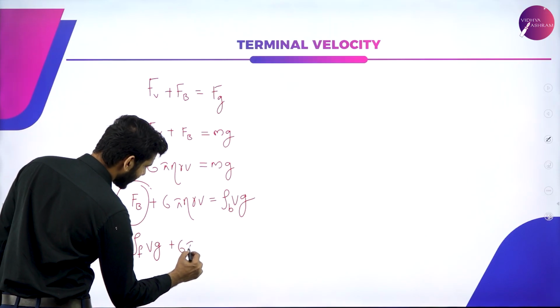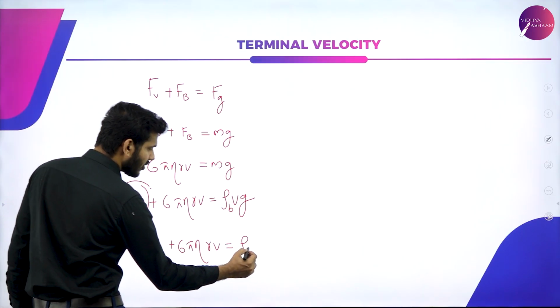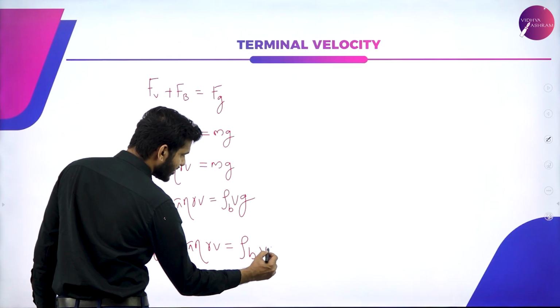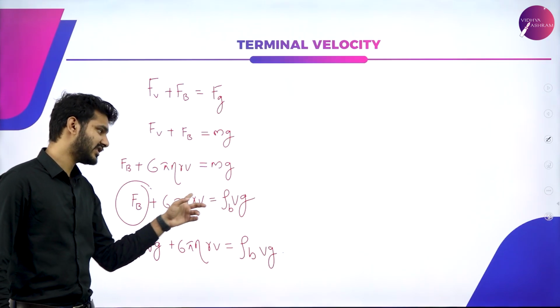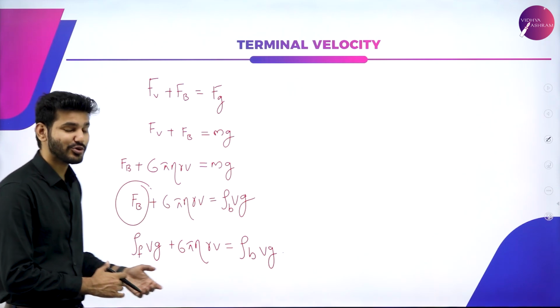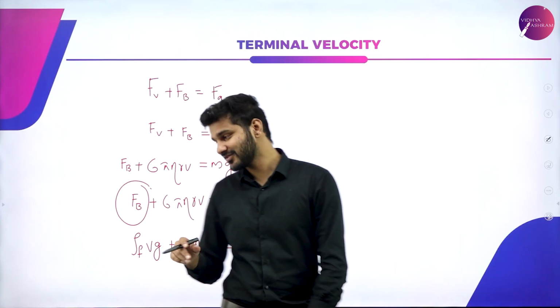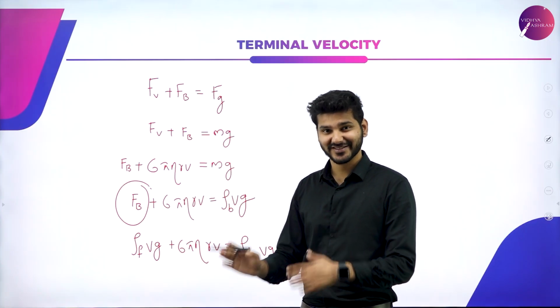So 6 pi eta Rv plus rho F Vg is equal to rho B Vg. And you couldn't cancel out these V's because there was a plus sign here. Even I forgot that. So don't make that particular silly mistake. Just because you see two V's, don't cancel them out directly.